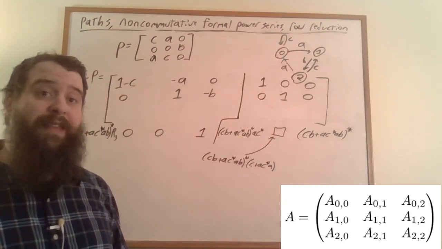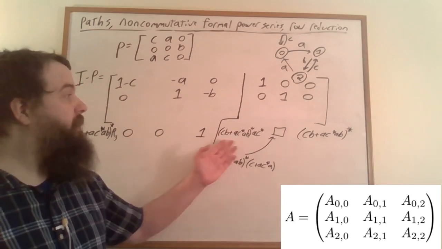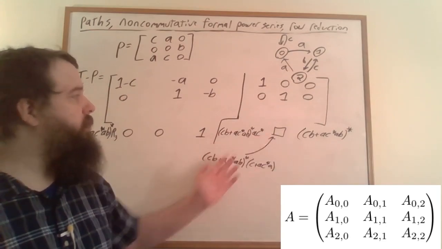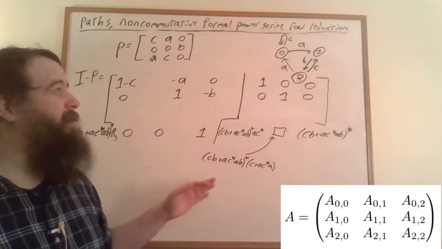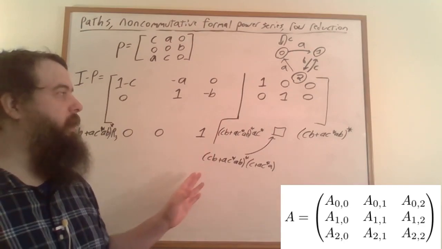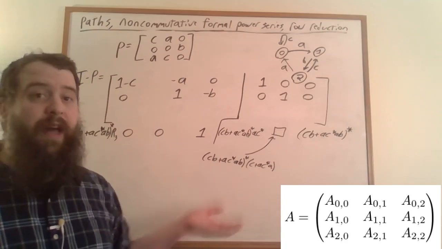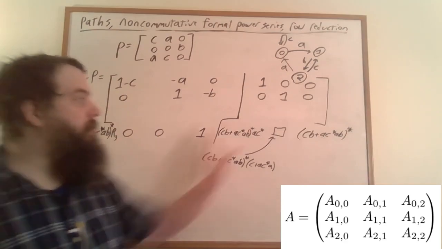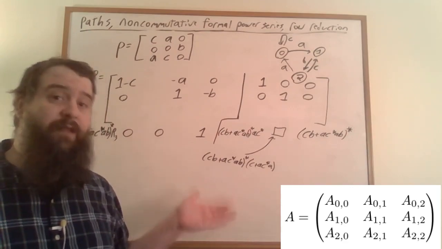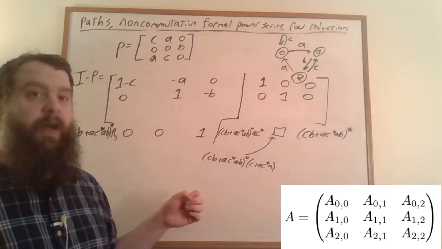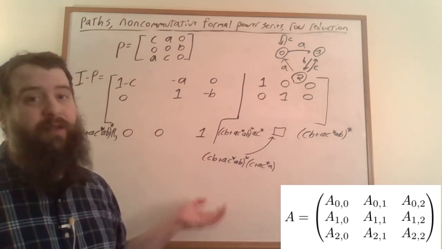And what's great is that these are all of the paths. It's clear that these are paths from vertex 2 to the various vertices, but it's not immediately obvious that we're not missing something. But because of the way that we've calculated this, because we've calculated these as entries of P star, the unique inverse of 1 minus P, we know for certain that these are all of the paths.